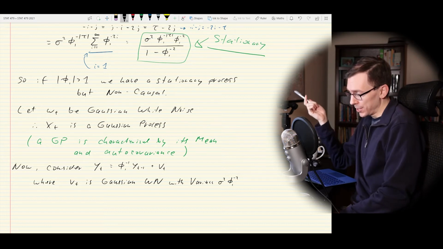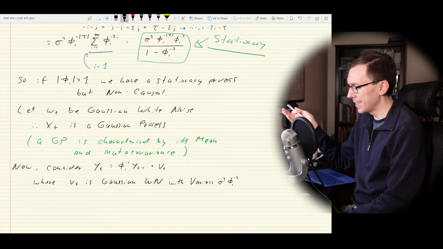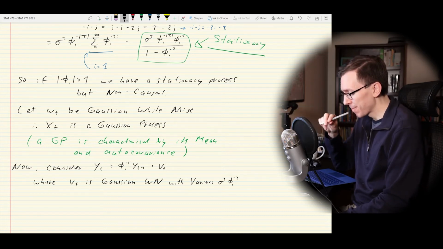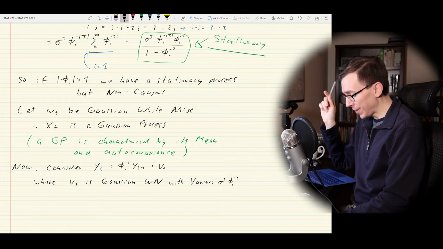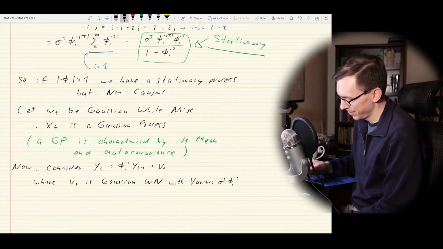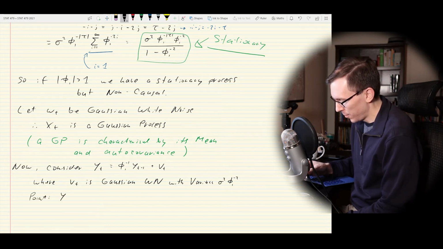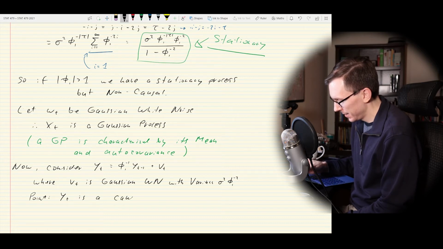So what we do is we basically take that phi coefficient and we divide the variance sigma squared by it. So what we have here is a causal, so the point is that YT is a causal AR1 process.